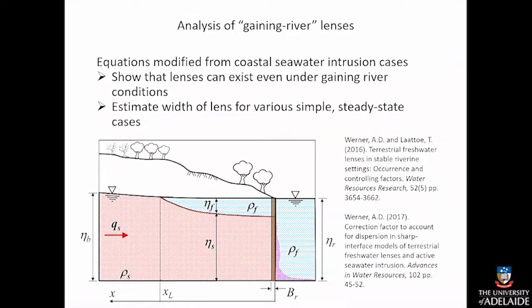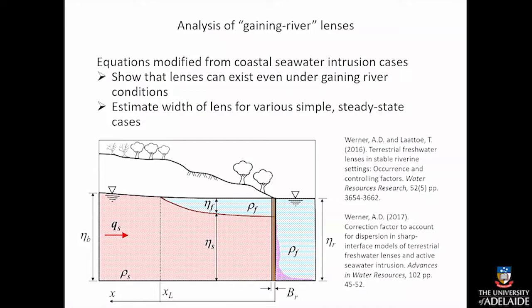So another colleague, Adrian Werner, used maths. He used some equations that have been commonly used for 140 years, I think, for coastal seawater intrusion. And he sort of turned them upside down and put them into the correct geometry for a river. Well, I won't go through the maths. I'll just cut to two of the things that he found.